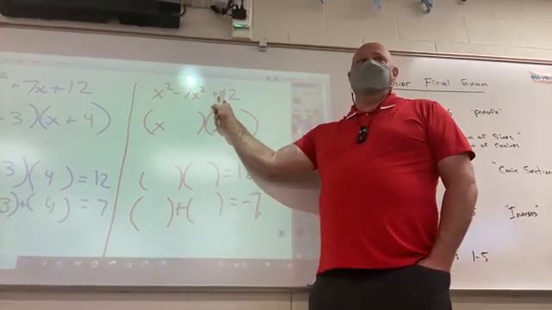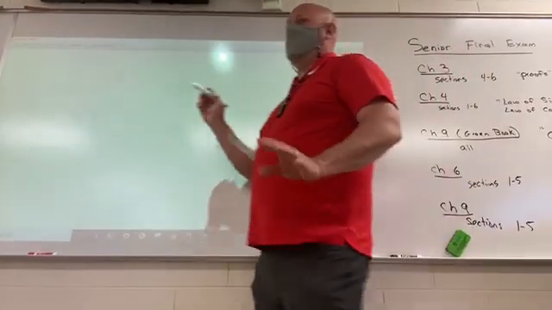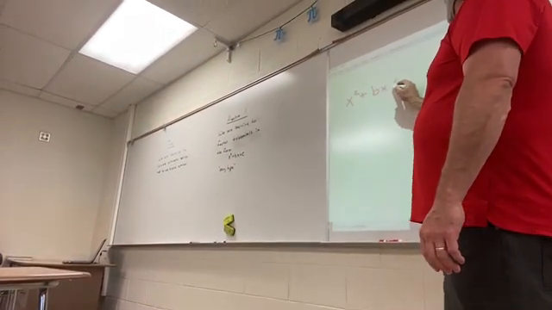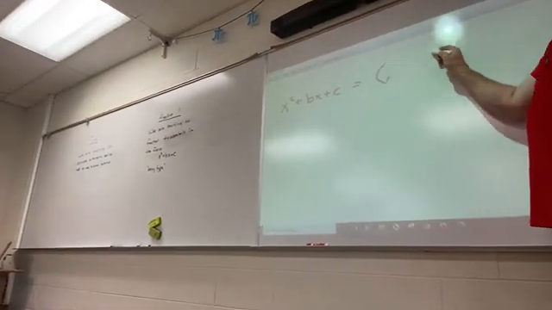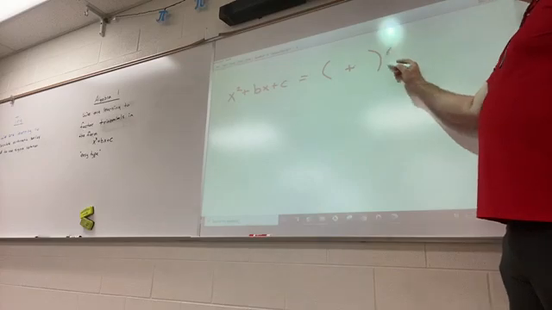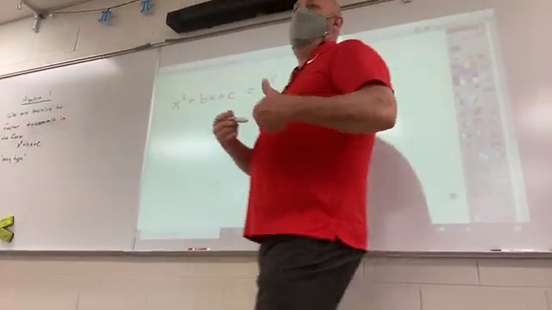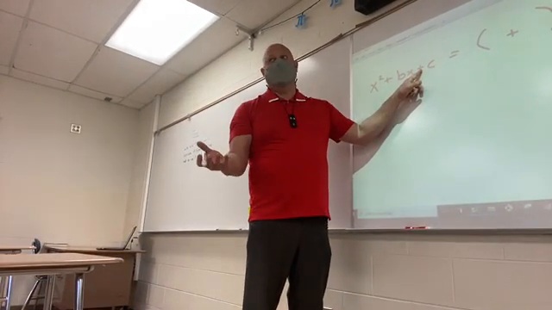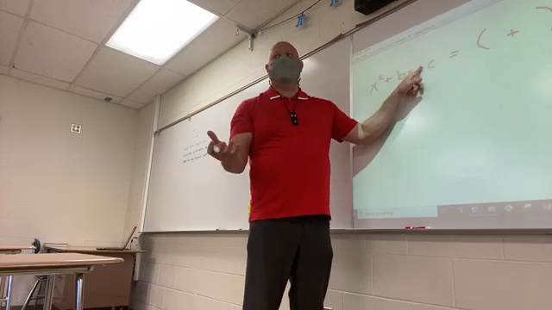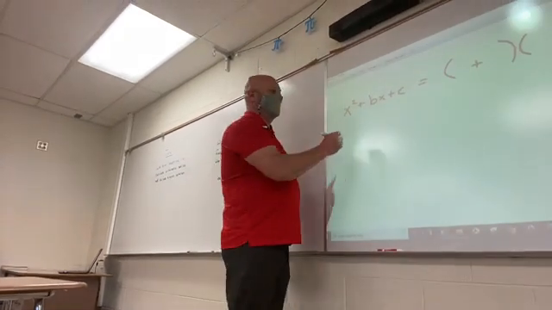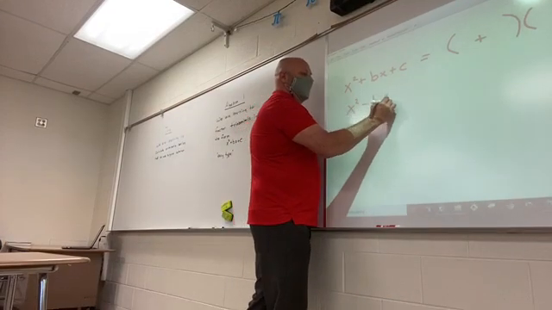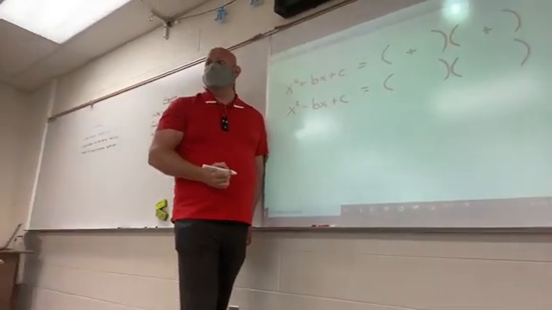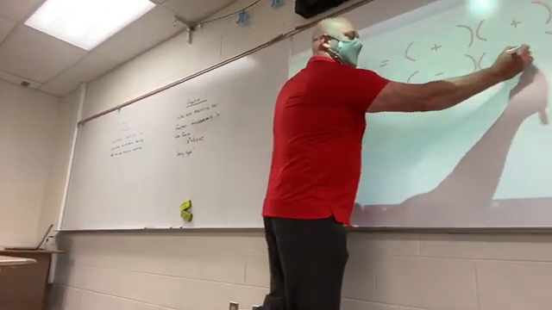So we're going to have some rules. If you see x squared plus bx plus c, you're going to have two positives. Because how do you multiply together to get a positive? Well, either two positives or two negatives. If this is a positive, that means you either have to have two positives or two negatives.